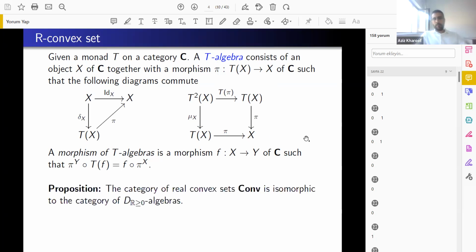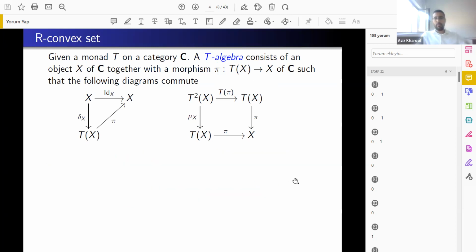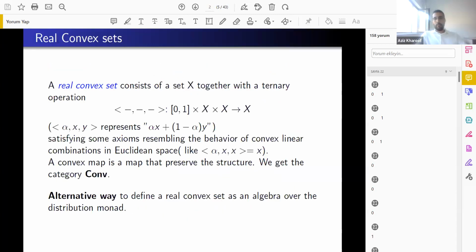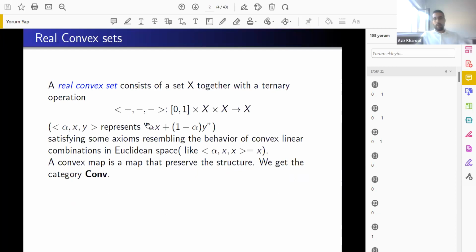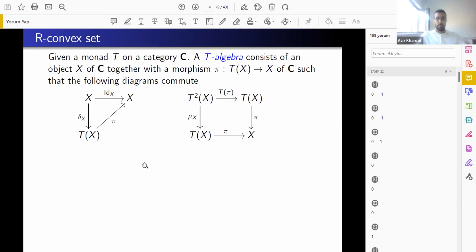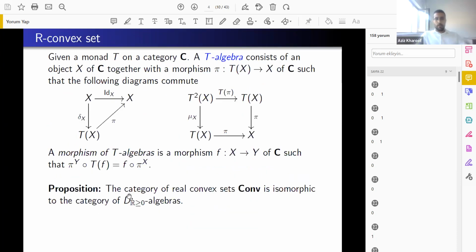Now we have the following proposition: the category of real convex sets, in the sense that we described before, this is the definition of real convex sets and this is the category of real convex sets, is the same as the category of D-algebras, where we take the semi-ring to be the non-negative reals.